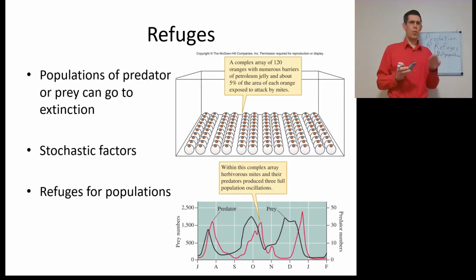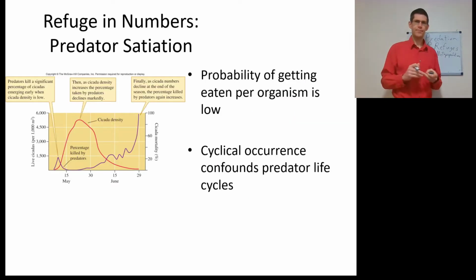So if prey goes extinct in one place, it can recolonize from another. So this essentially is a refuge. And it helps to have some places where the predators aren't, to allow the host population to grow in the absence of predators. Now, eventually predators may find that, in which case they may look for another refuge. But in metapopulations, you can always think of a long-term running away from predators.